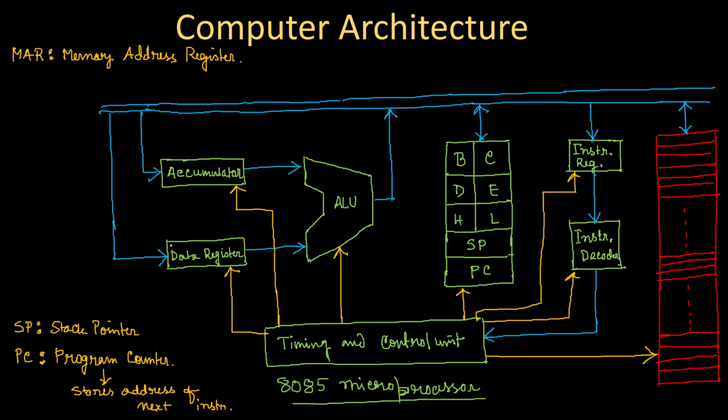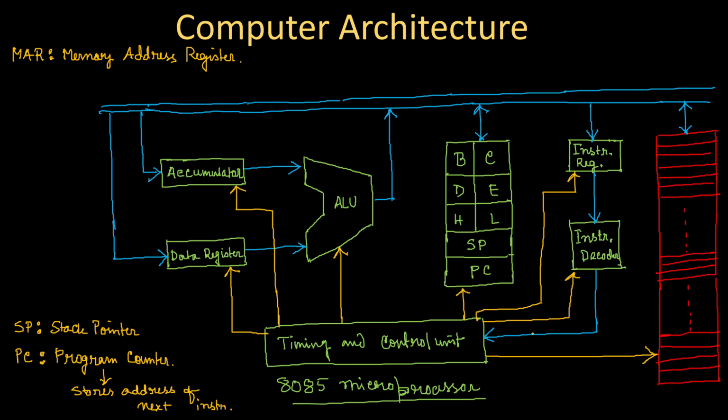At the same time the control unit generates a control signal, for example a read control signal for the RAM. Since the memory address register contains the address from where the data or instruction has to be fetched, the address is available on the address bus.